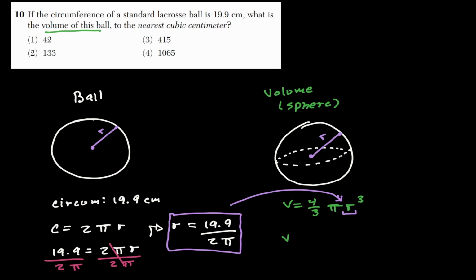Then the volume is going to be 4/3 pi times 19.9 over 2 pi, all raised to the third. And if we place this in our graphing calculator, that is approximately 133, which matches option number 2.